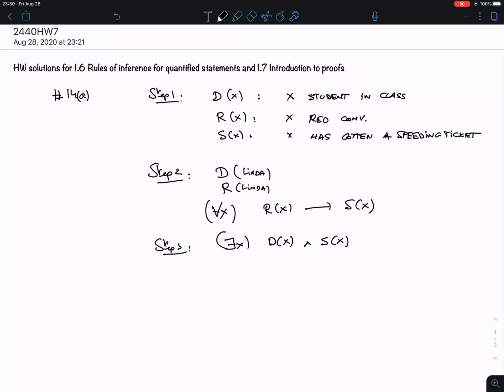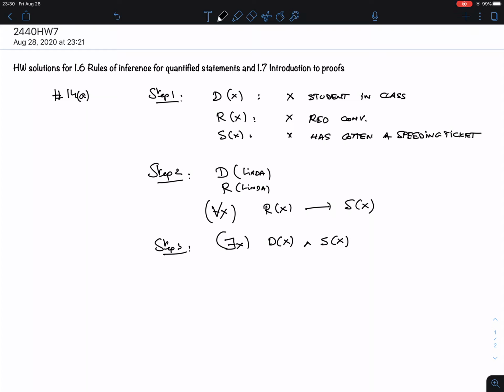Whereas now, what we can do is ignore this part. Whatever this means, the only thing that we have is this information, and from this information, we're going to logically get to this truth, no matter what D, R, S stand for and who Linda is. Okay, so let's start.